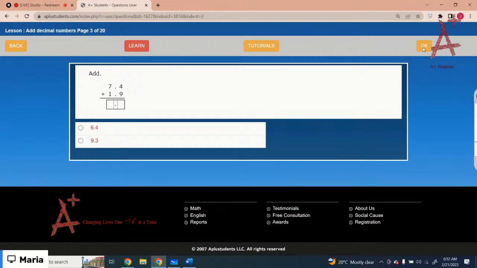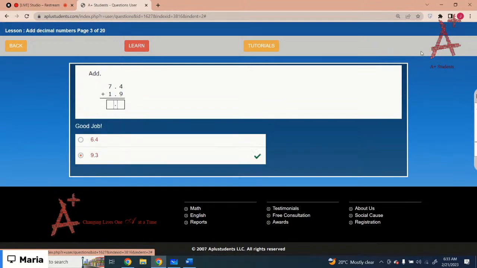So it is 9.3. The correct option is 9.3. Let me just select the correct option and click on the OK button.